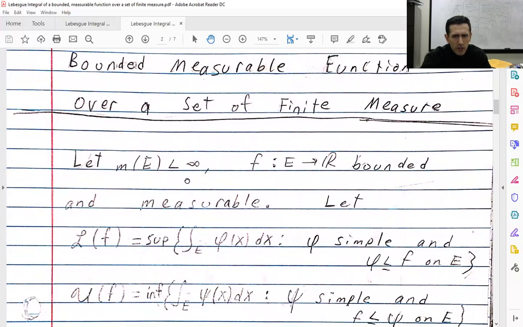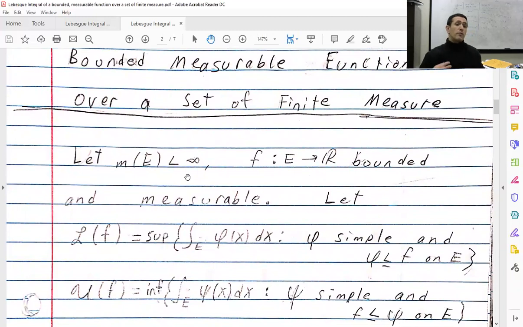So analogous to the reformulation that we had before of the upper and lower modified Riemann integrals, we're going to define the upper and lower Lebesgue integrals to be basically the same thing.